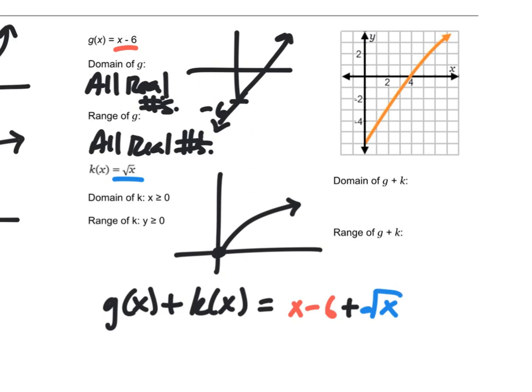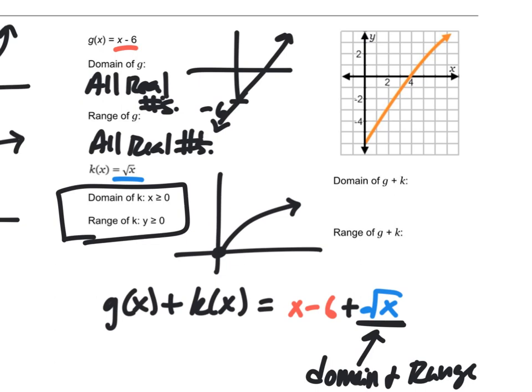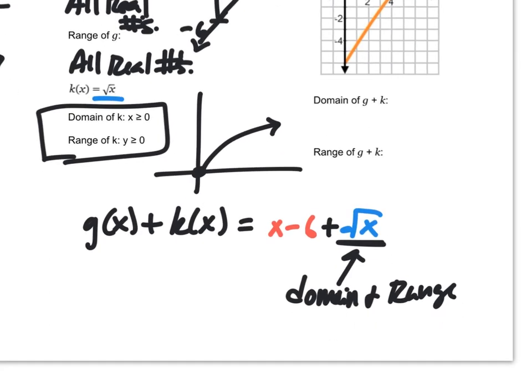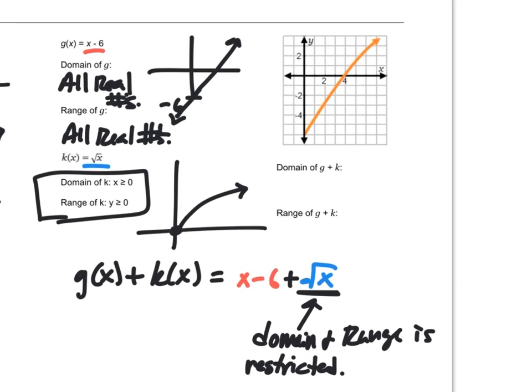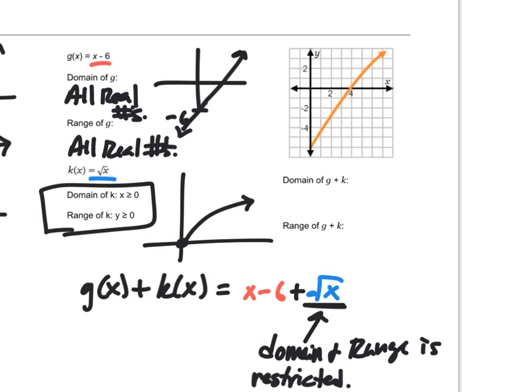Now the reality is that this portion, the domain and range are restricted, okay? And they have these domains and ranges here, okay? Because this domain and range is restricted, when you add them together, you get a new graph.